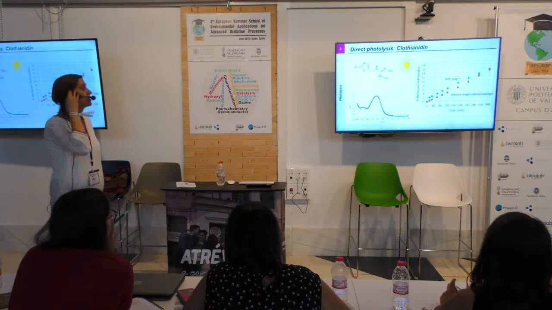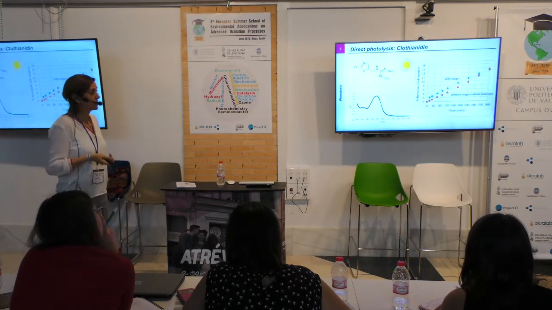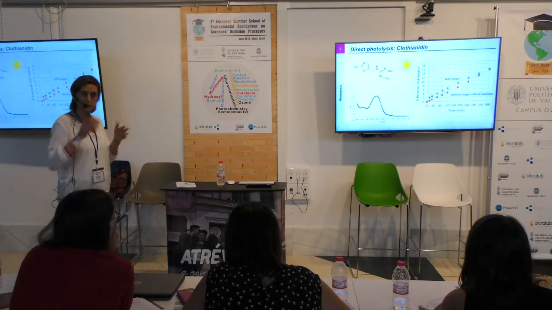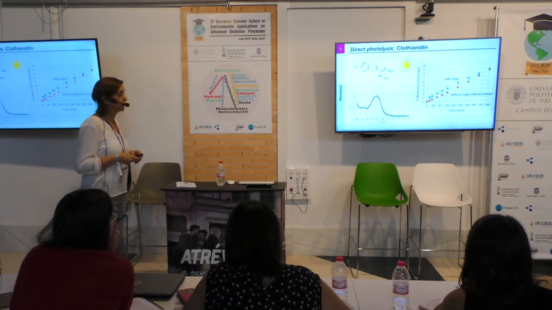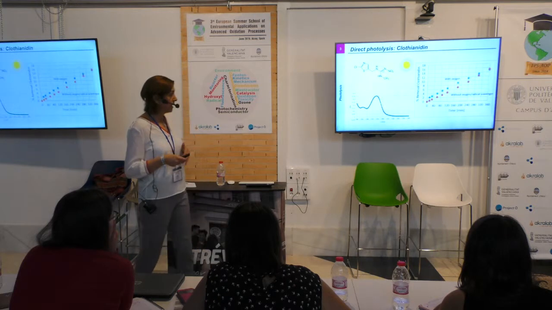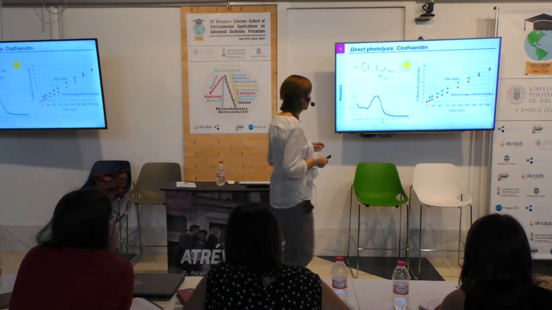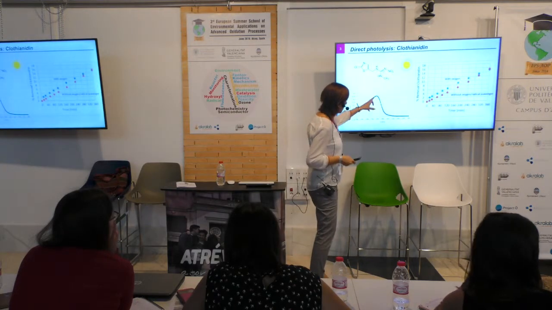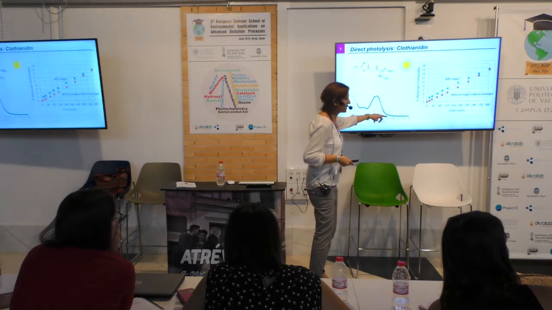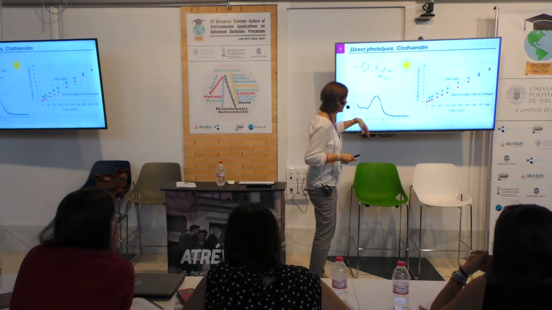Here are some examples. Clothianidin is a pesticide that is included in the last reviewed list from the European Community about molecules of concern. If you check the absorption spectrum of the molecule, it has a maximum in the UVC region, and it decreases a lot in the UVB region, but it still has some absorption there.